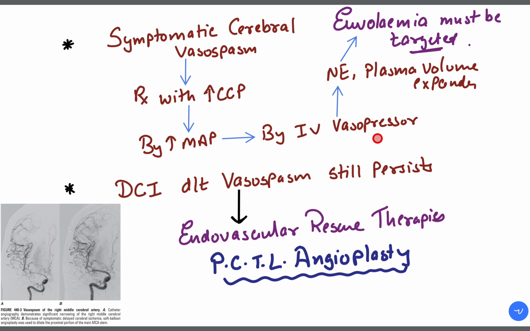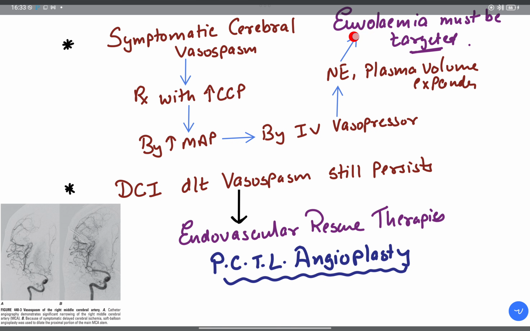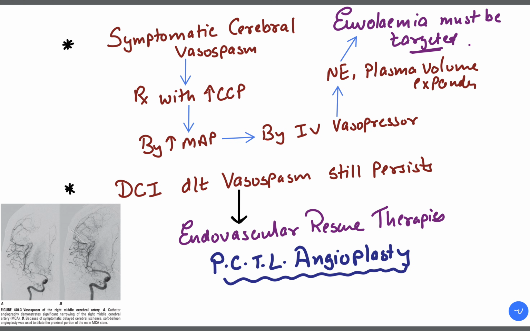By giving IV vasopressors or plasma volume expanders, and therefore achieving euvolemia. Euvolemia is the target. If this vasospasm still persists, then our other option is endovascular rescue therapies, which include percutaneous transluminal angioplasty.